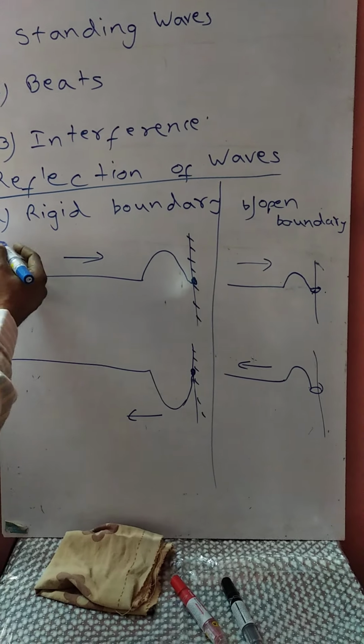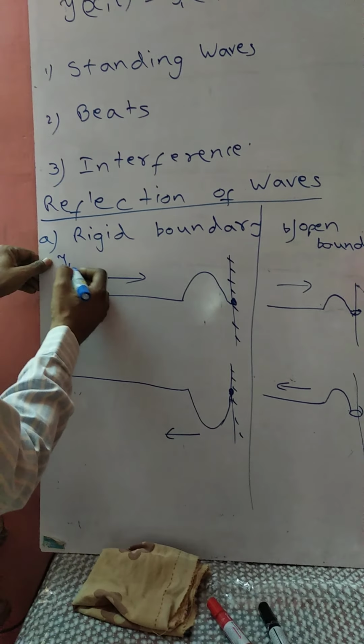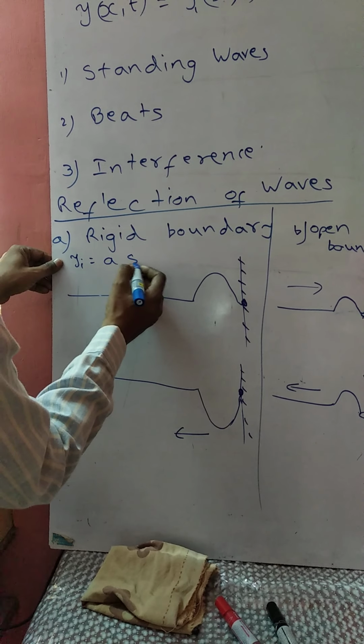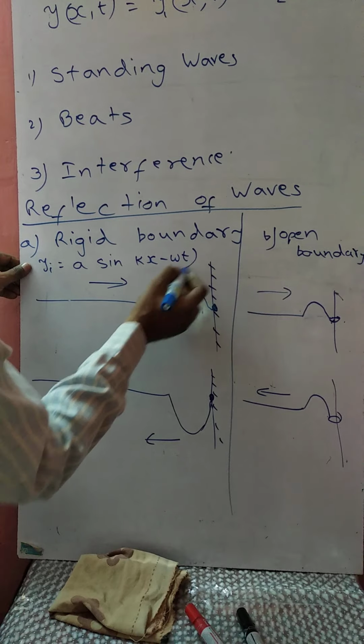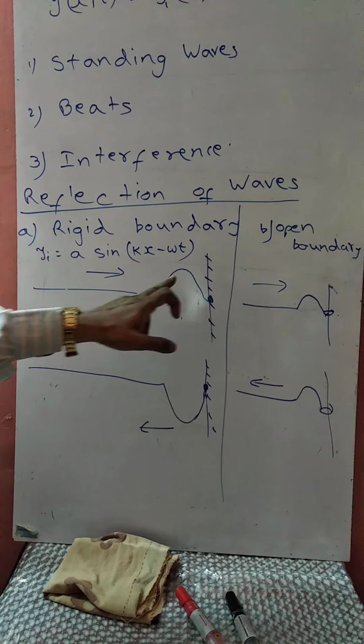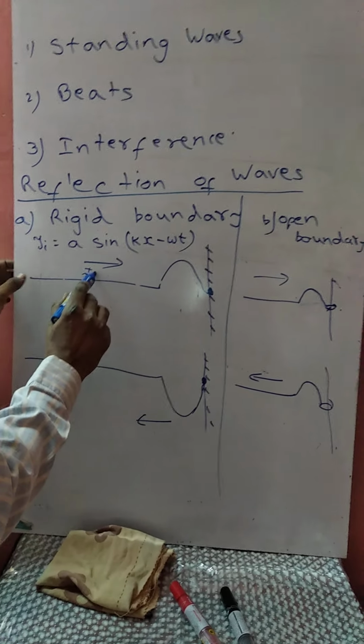Suppose the incident wave is represented as y_i equals a sine(kx minus omega t), since the wave is traveling along the positive x direction.